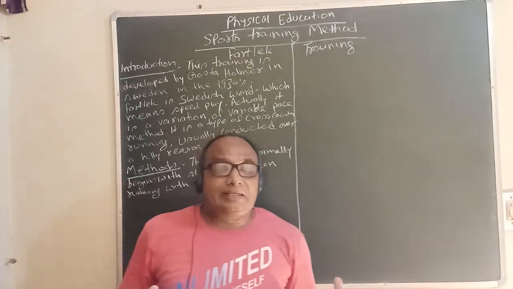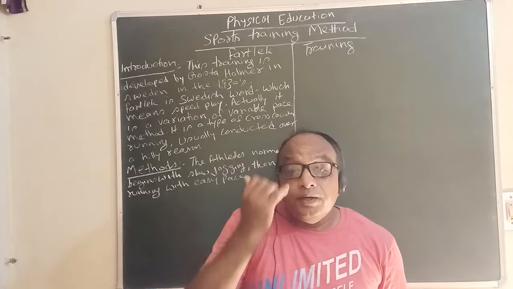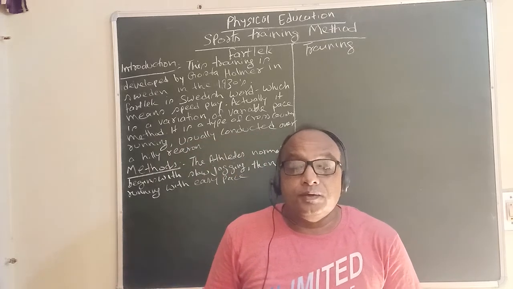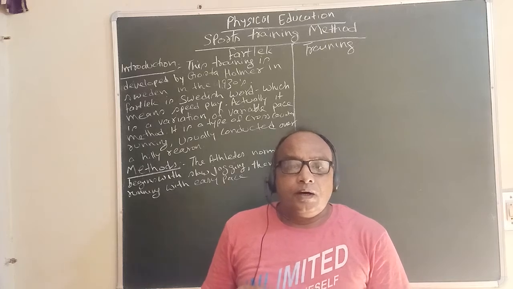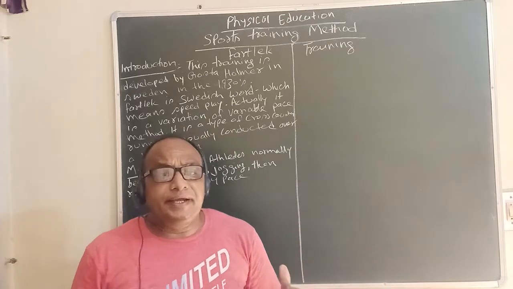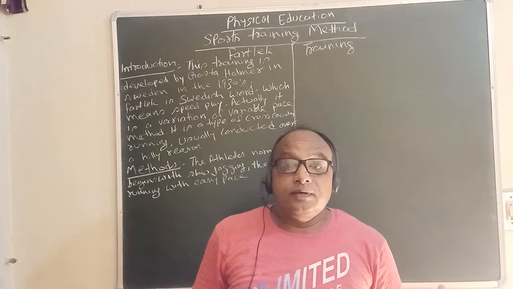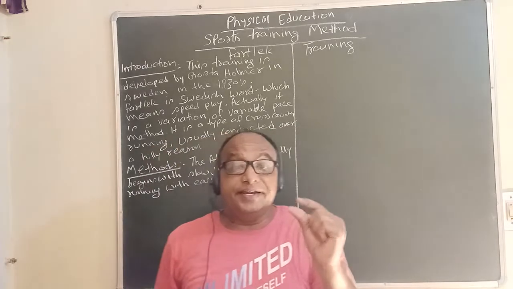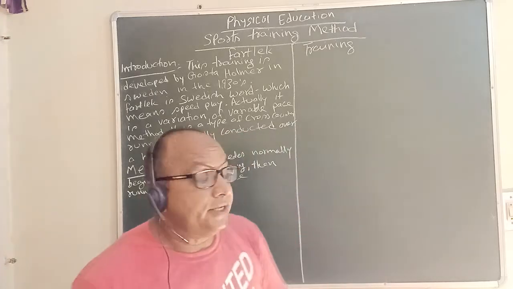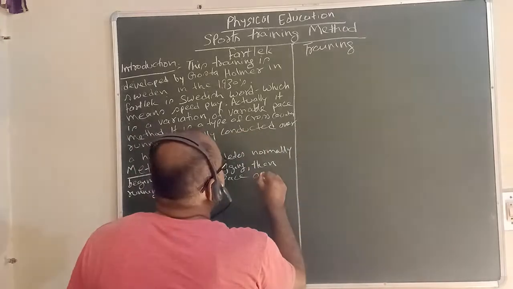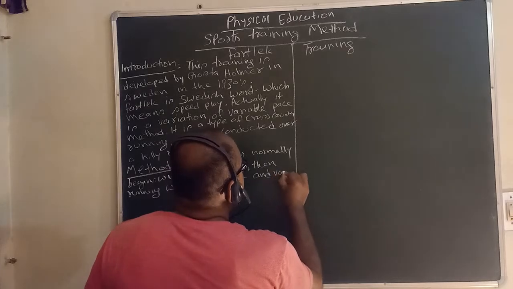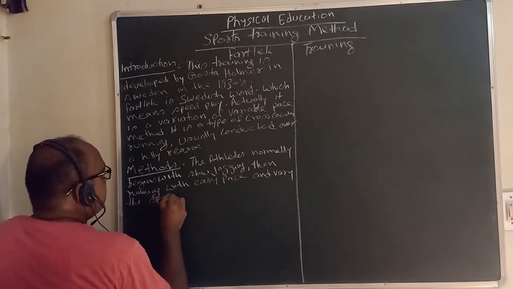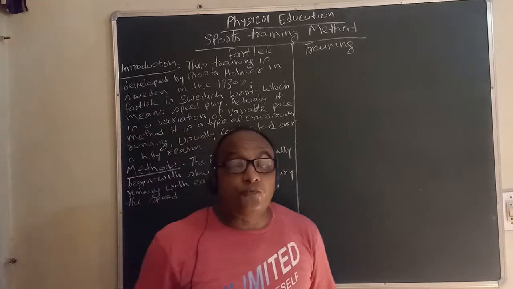When you are going to start this training, you have to normally start with slow jogging. After that, you have to run easily and vary the speed from time to time.